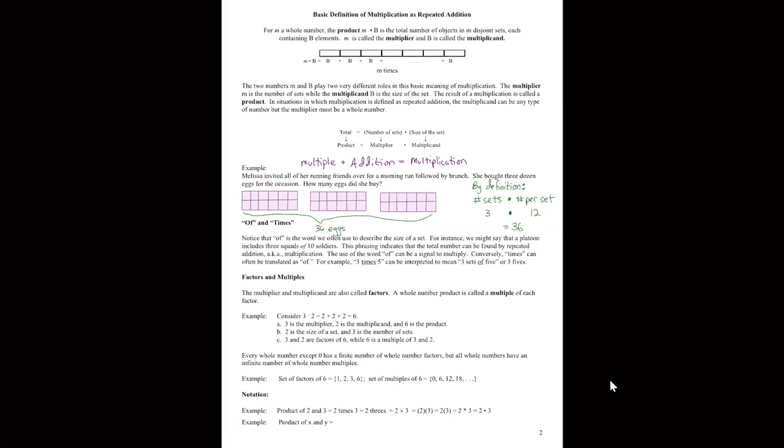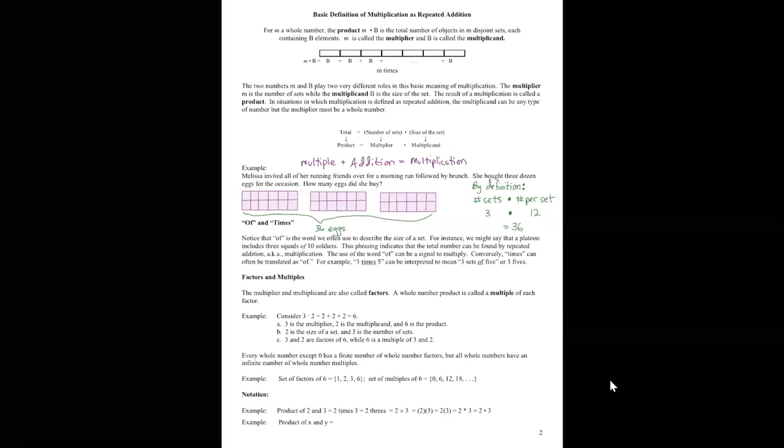The words of and times are key words when it comes to multiplication, right? But of is a tricky one because it could be a key word for other sorts of mathematical operations. So that one is based off context, but the one that's easier to relate would be times. So notice that of is the word we often use to describe the size of a set.